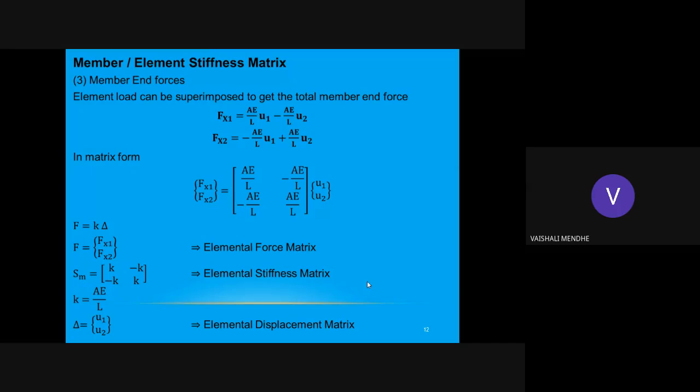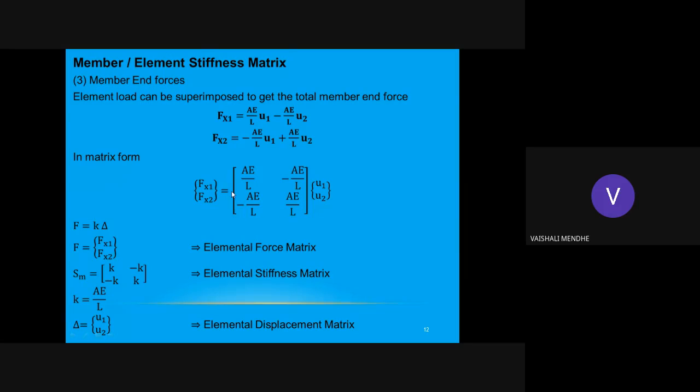So in the last class we saw the elemental stiffness matrix for member axis, that is AE by L, minus AE by L, minus AE by L, AE by L. This is the first derivation.